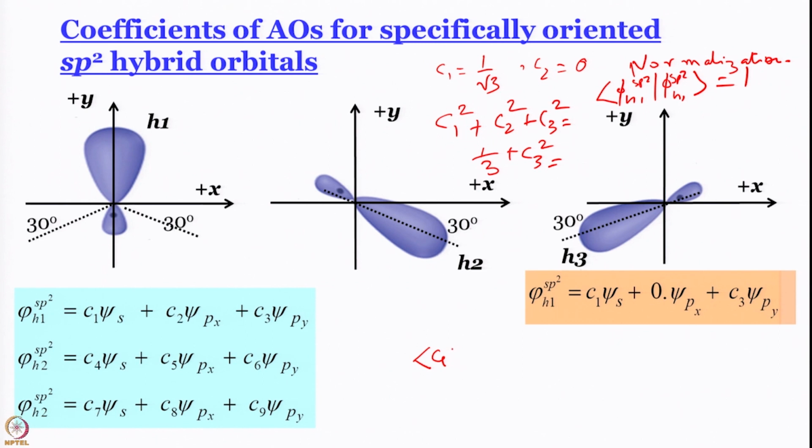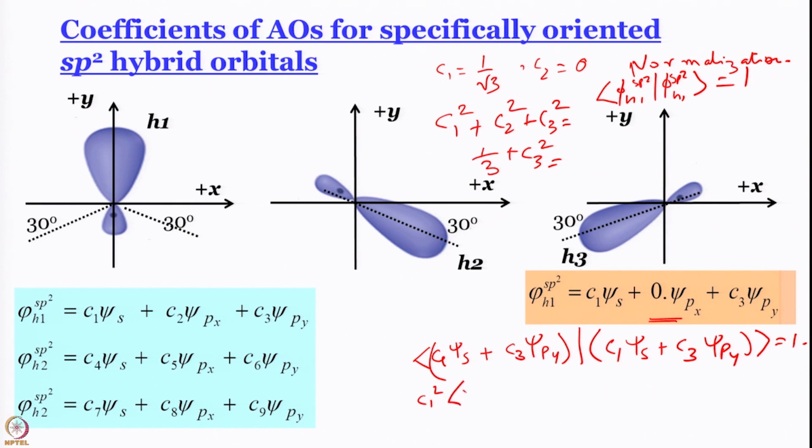Integral C1 psi s, put a bracket here, plus, I will not even write this because you are already convinced that this is 0, plus C3 psi py, and the same thing C1 psi s plus C3 psi py, that is equal to 1. If you expand this, what do you get? You get C1 square integral psi s into psi s over all space. What is this? This is equal to 1 because psi s is normalized.